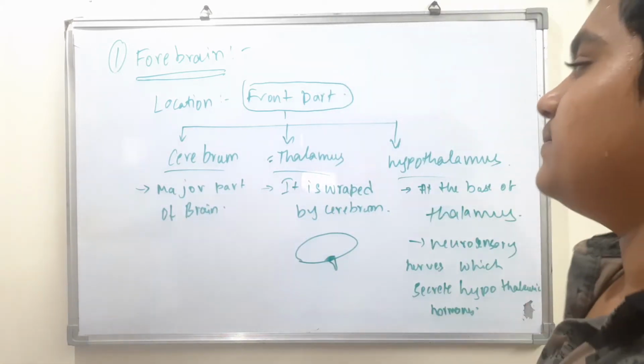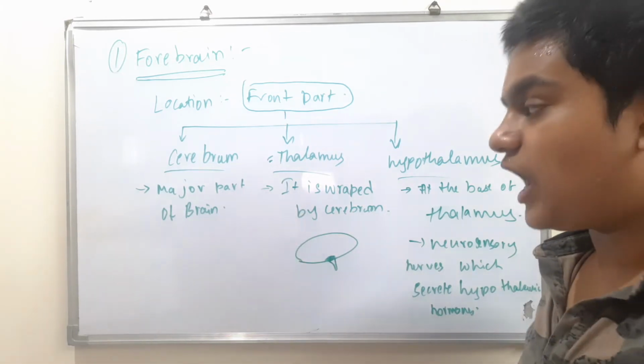So these are the three main parts. This is thalamus, this is hypothalamus.